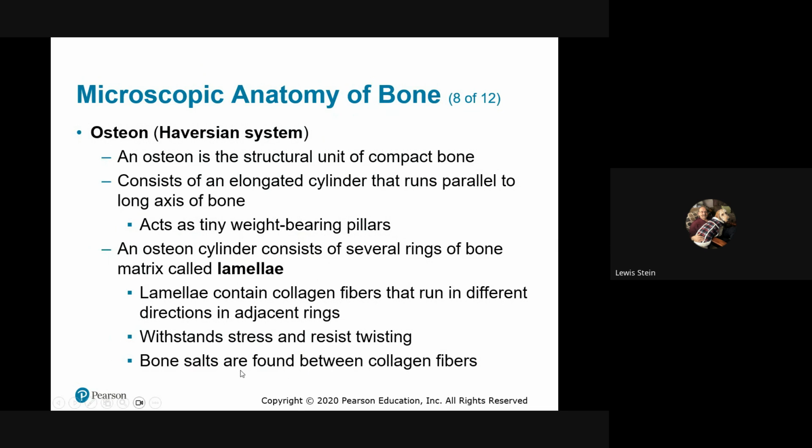And in between all of those fibers are calcium salts that you're going to learn about, with a fancy name called hydroxyapatite crystals. It's on the test. Typically made of calcium phosphate, maybe some calcium carbonate, magnesium phosphate, but calcium phosphate predominates. Also on the test. That's why we listen to these recordings.